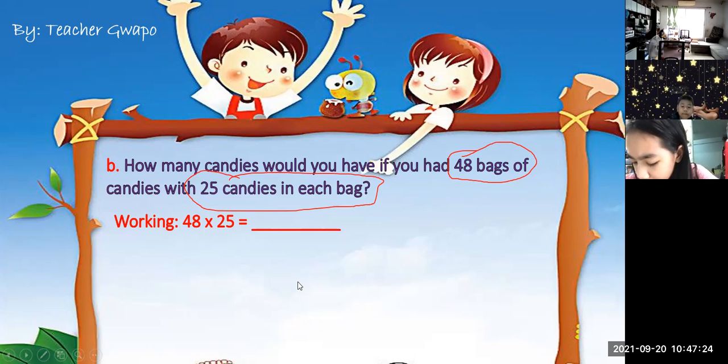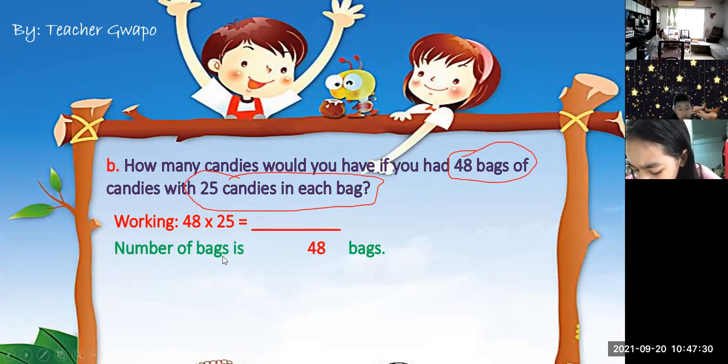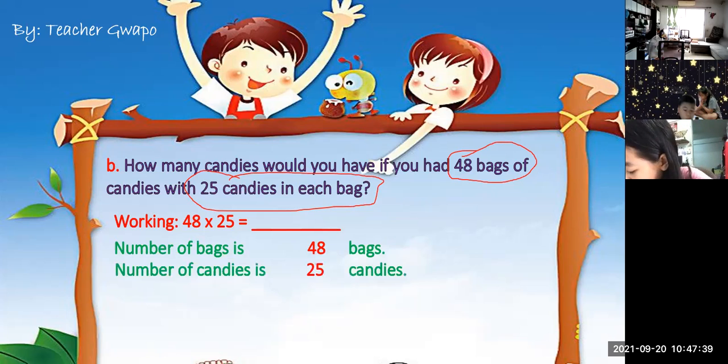Now in the second line, you write here the number of bags. Number of bags is 48 bags. And then you write here the number of candies in each bag. Number of candies is 25 candies.